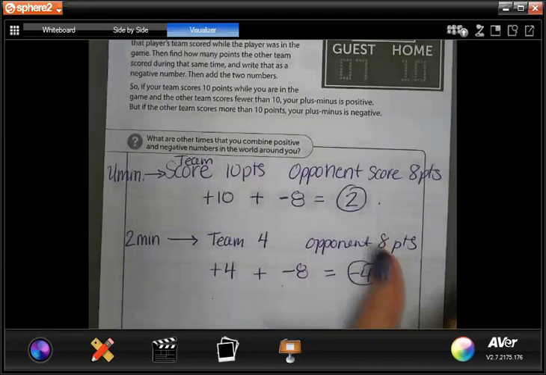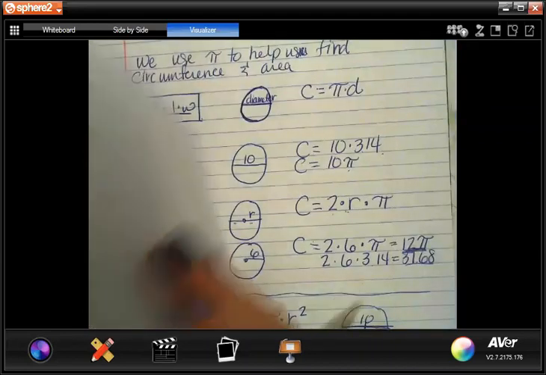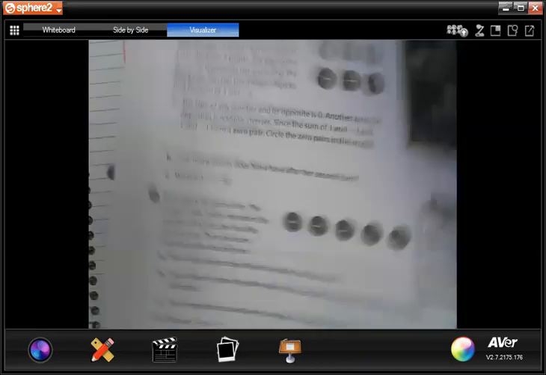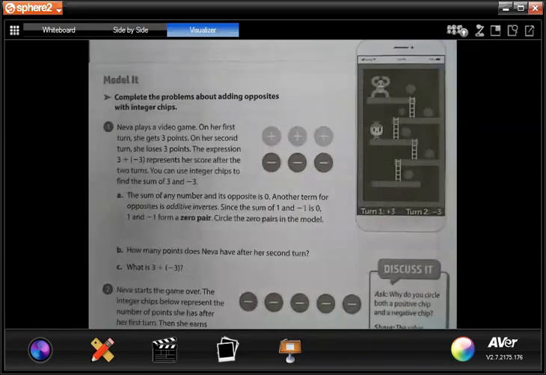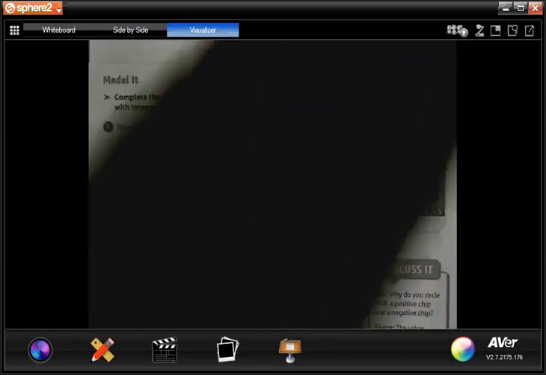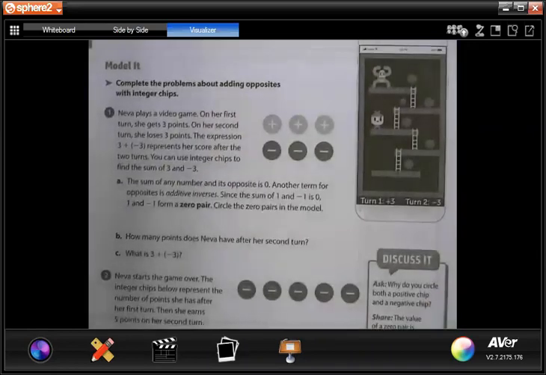All right. Okay, so moving forward, because we're going to go kind of fast through this, turn to page 137, and we're going to talk about video games for a quick second. Okay, so Neva plays a video game. On her first round, she earns 3 points.